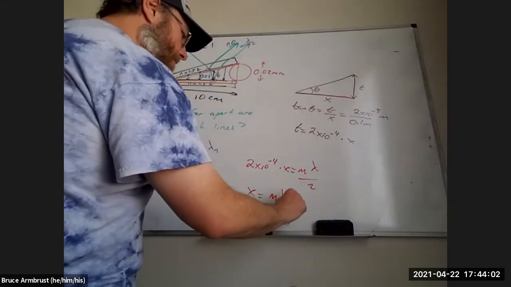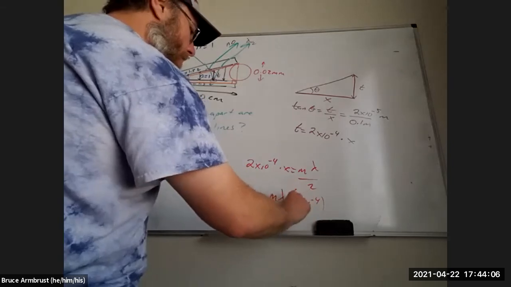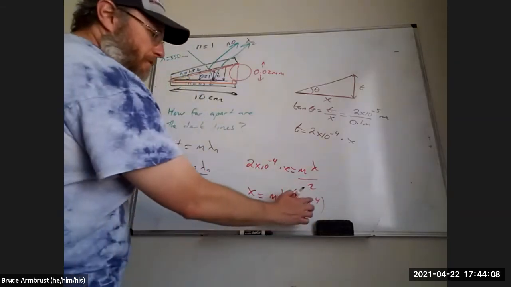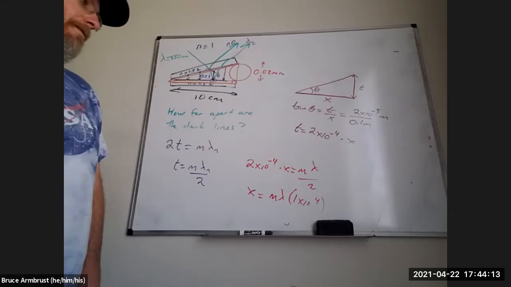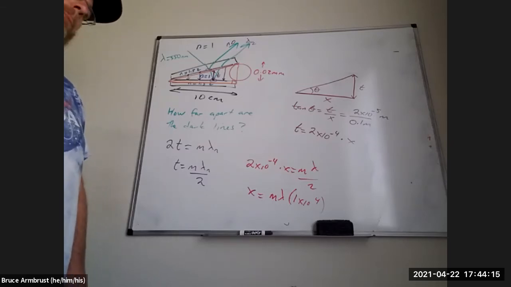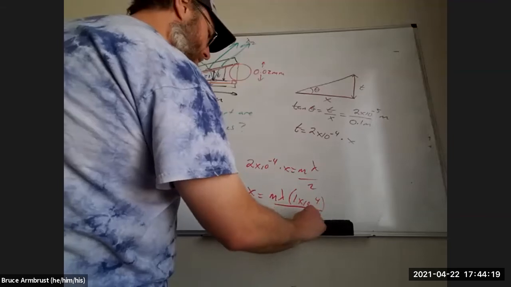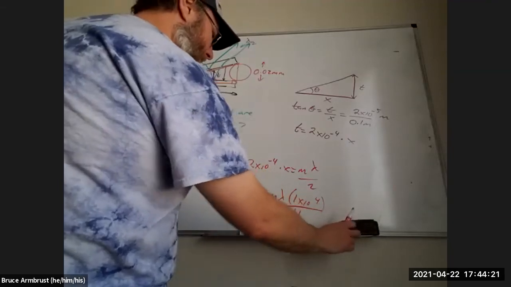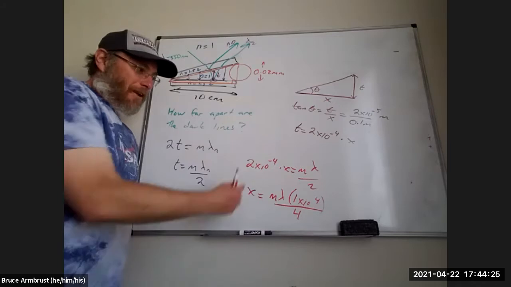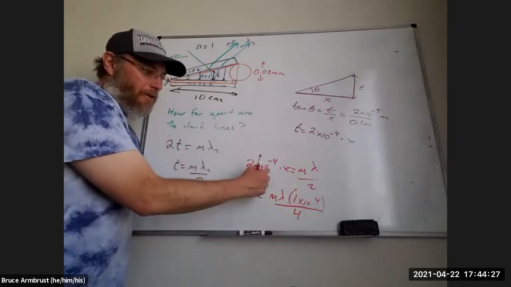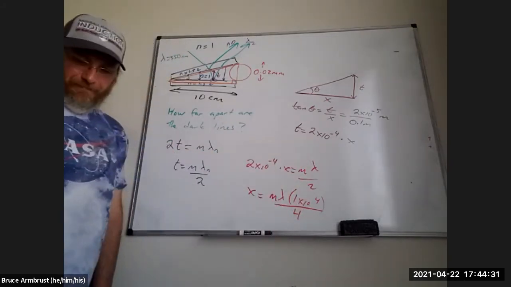It's going to be m times lambda times 1 times 10 to the plus 4, sorry, over 4. Right, dividing by the 2 gives me a 4. Dividing by 10 to the minus 4 is the same as multiplying by 10 to the plus 4.